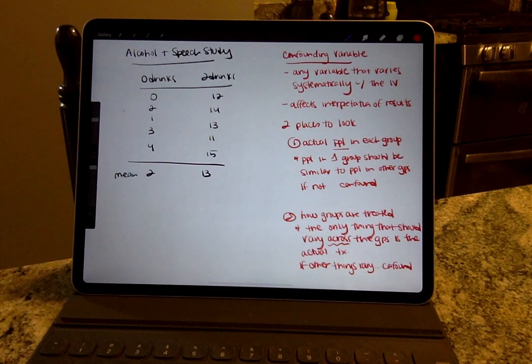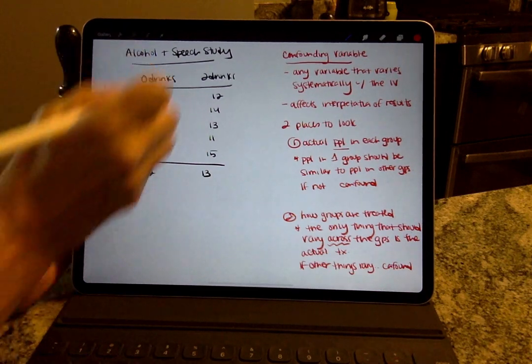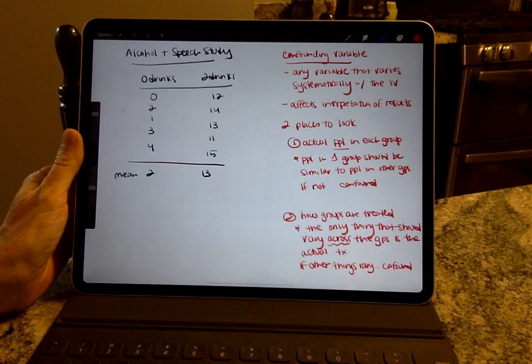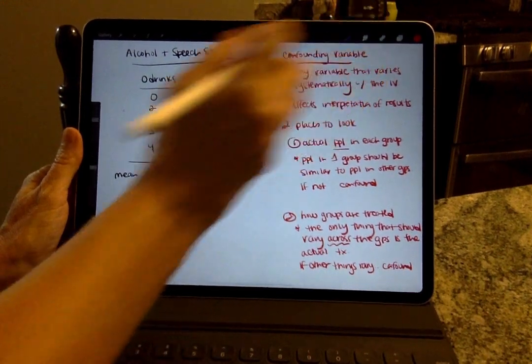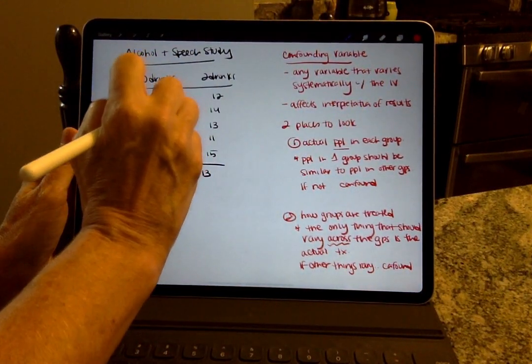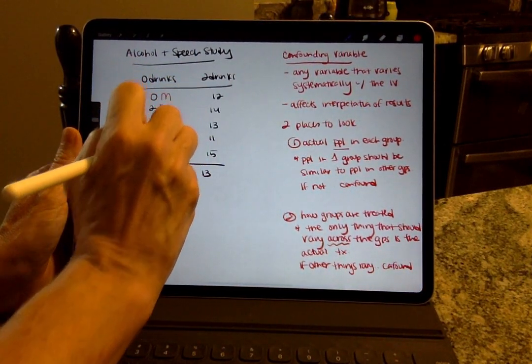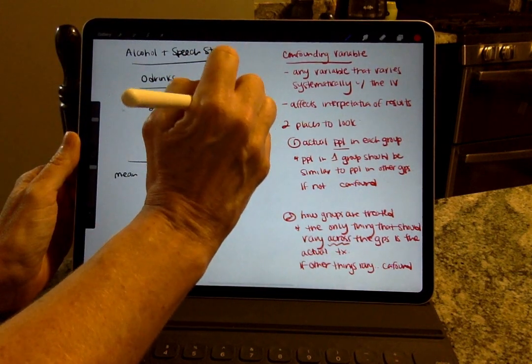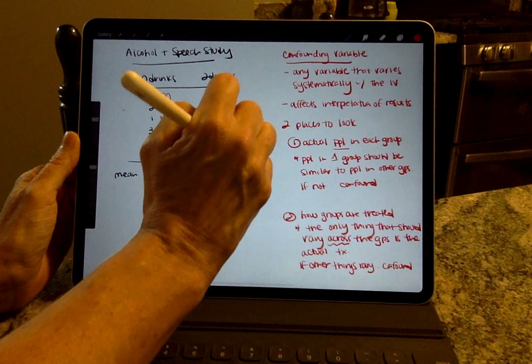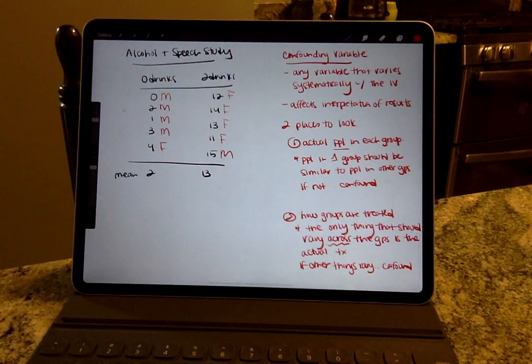Okay, again, that's still super abstract, but let's assume for a moment that when we looked at the gender of these people, the people that got 0 drinks were predominantly males. So let's say 4 out of 5 people that got 0 drinks were males. And in contrast, 4 out of 5 people that got 2 drinks were females.